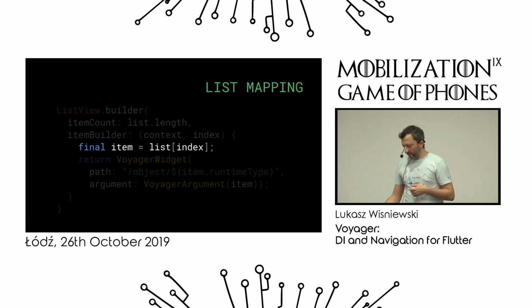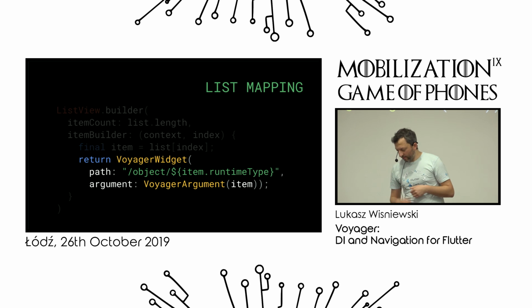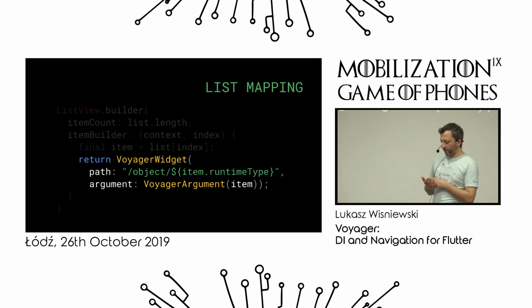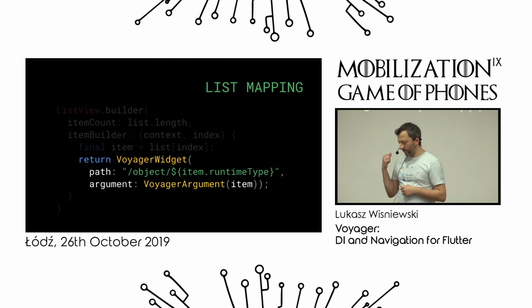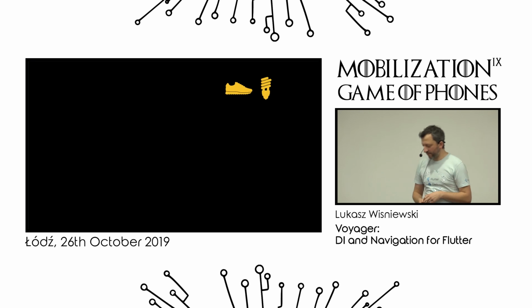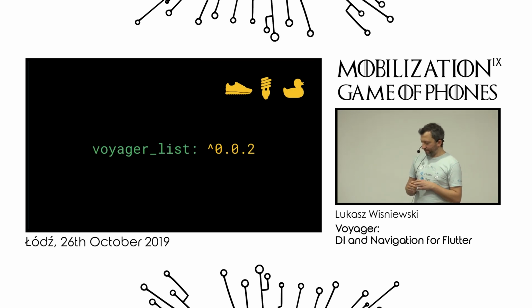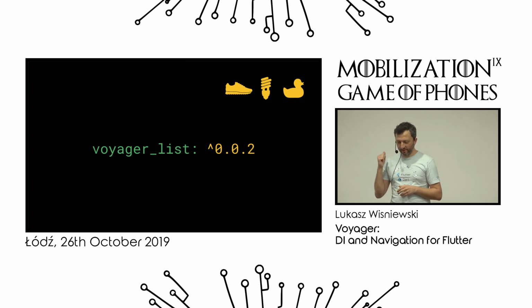We get the item based on the index, and when we provide it to Voyager widget, the path is based on runtime type, and as an argument, we pass the item. If this approach is interesting to you, there is an experimental package, an add-on, so please feel free to check it out.